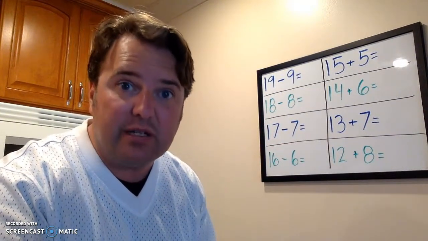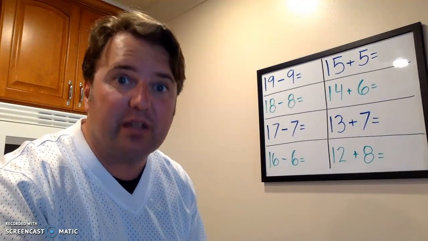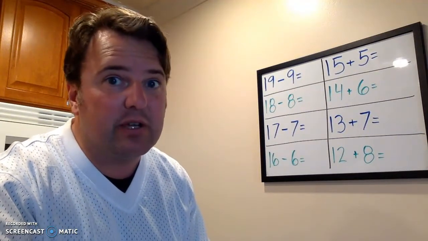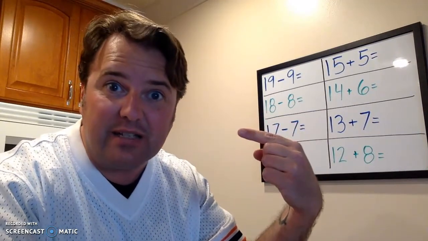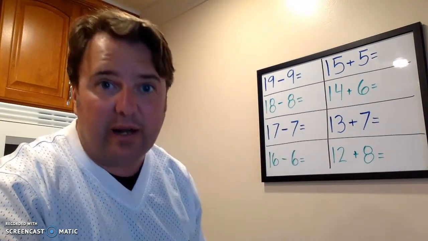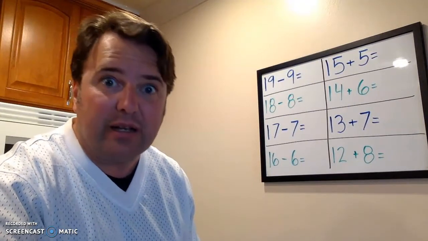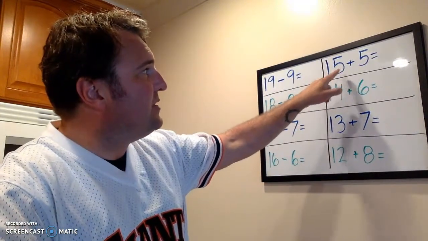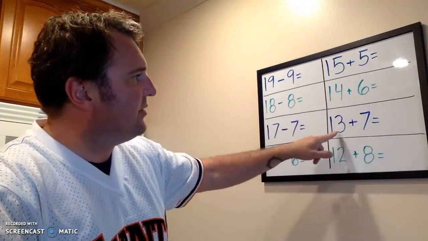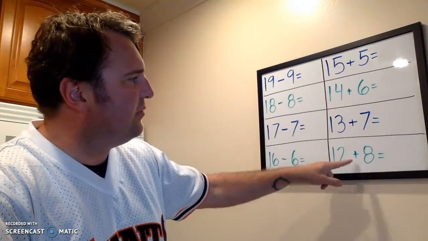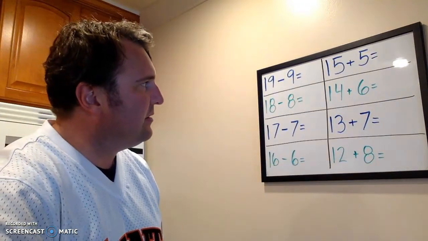I know first grade teachers, and they want your numbers to look nice and neat. I also know kindergarten teachers. And this one really wants them to be nice and neat so that you can write numbers that look like numbers. 15 plus 5 equals, 14 plus 6 equals, 13 plus 7 equals, and 12 plus 8 equals.